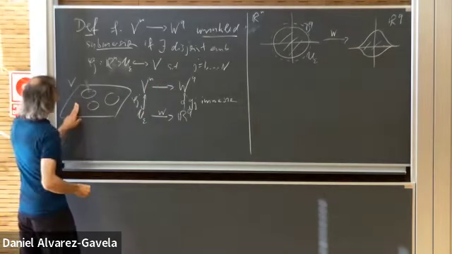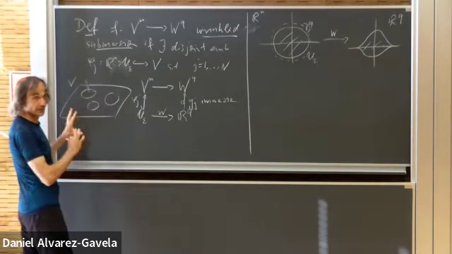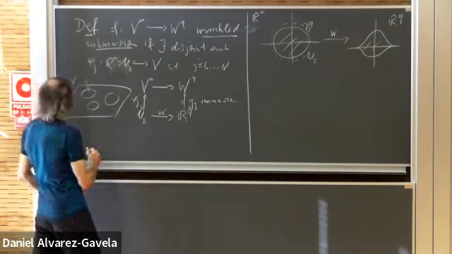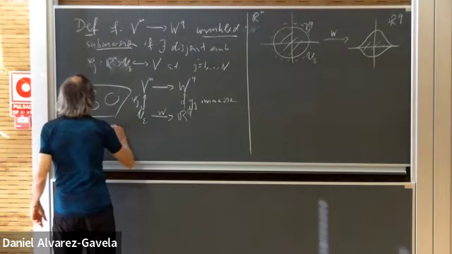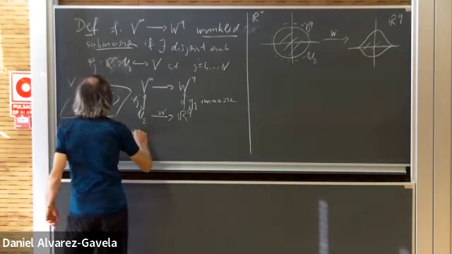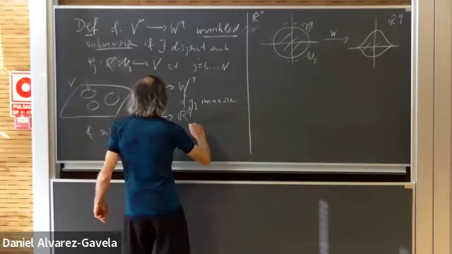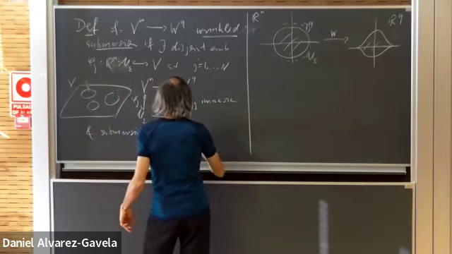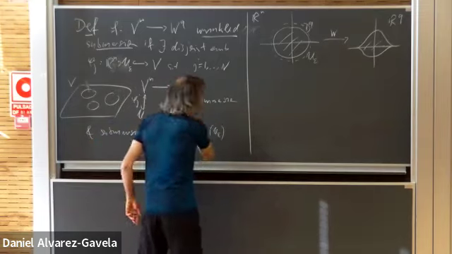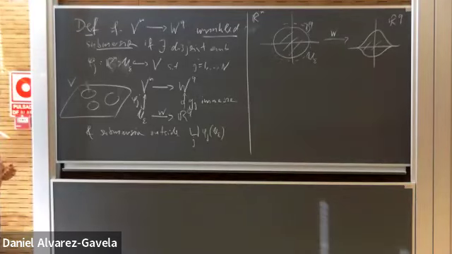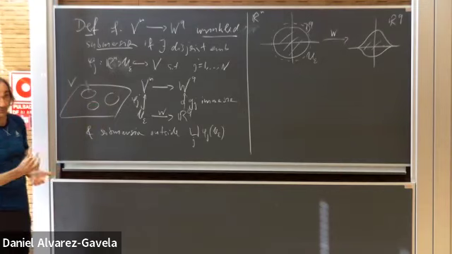And outside of the images, it should just be a submersion. So the only places where it's not a submersion is where it's a standard wrinkle. It is a submersion outside the union over all j of the images of these embeddings. So it's a submersion except for standard wrinkles.